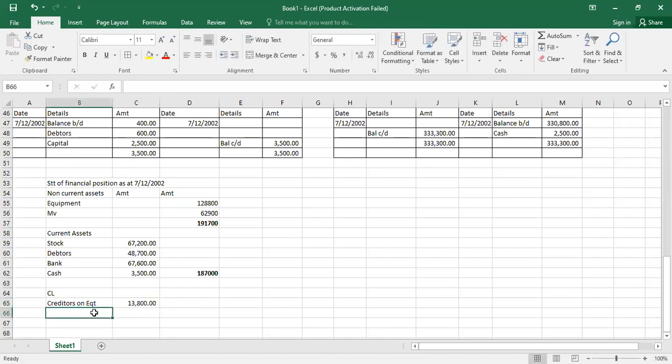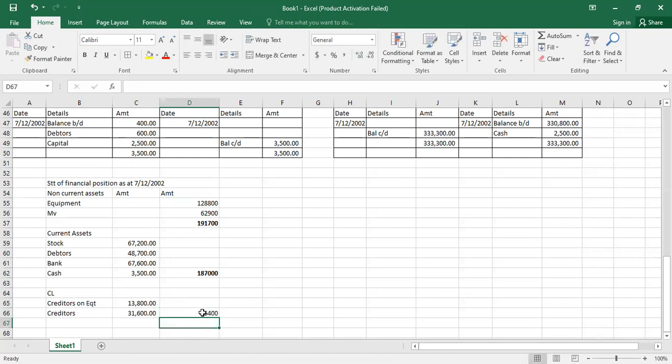And then we have the usual trade creditors, right? Yes. What's the value of the trade creditors? 31,600. Do you have any other liability? No, we don't. So we can add these two. We are getting 45,400.